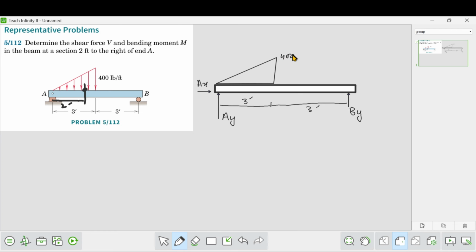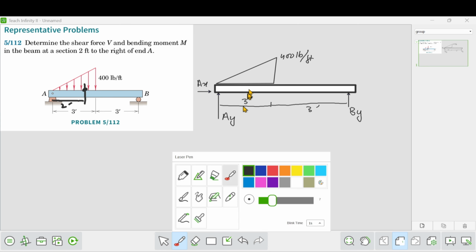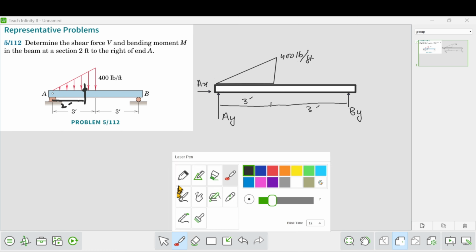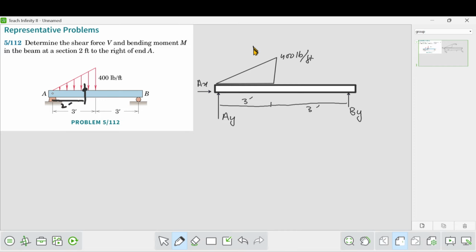This is 400 pounds per foot, which is UVL, uniformly varying load. So the accumulation of this whole load, let's say this is F1. So how can we find F1? F1 equals 1 by 2 WL.